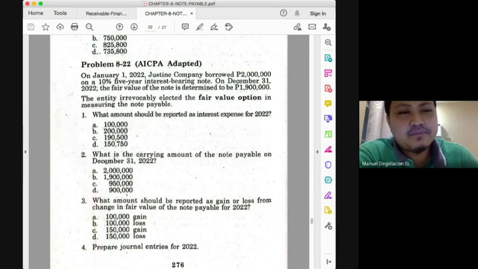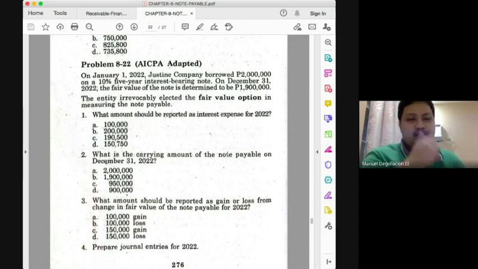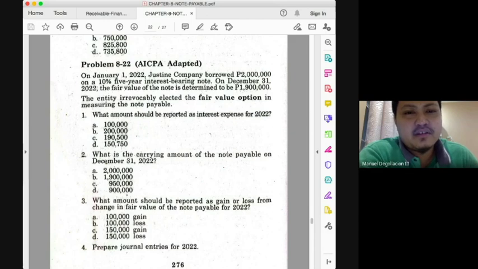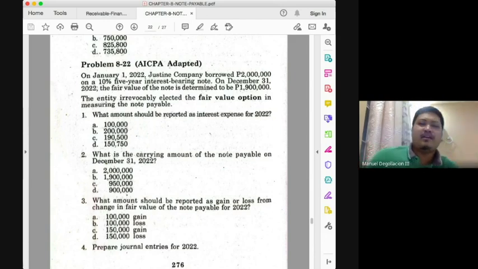You simply follow the fair value given for that problem. Okay, and then what amount should be reported as gain or loss from change in fair value? You simply compare 2 million and 1,900,000. You will get 100,000.